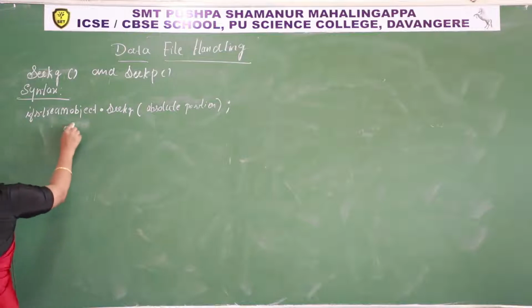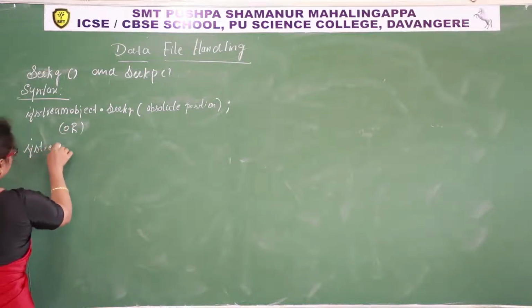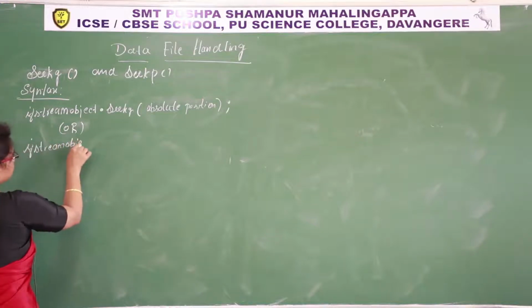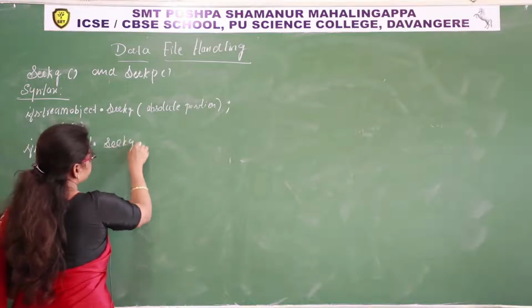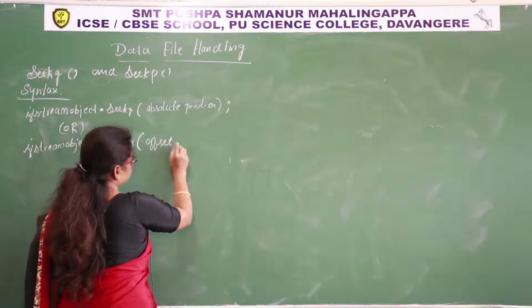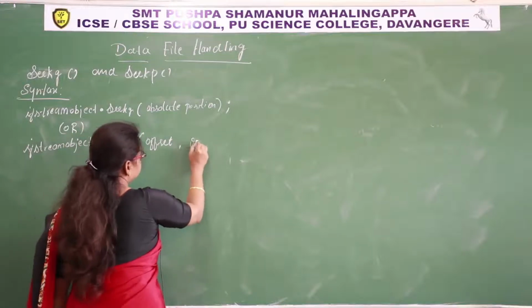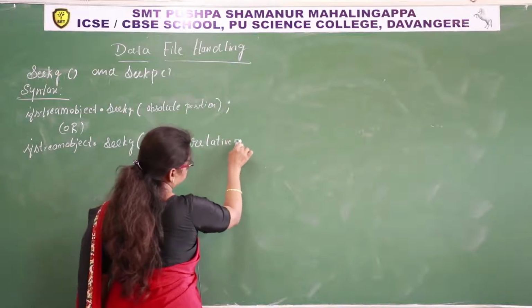Next, or ifstream object dot seekg, offset comma relative position.